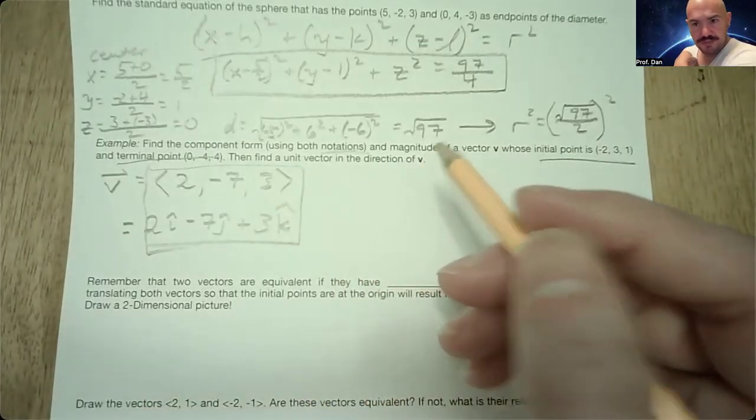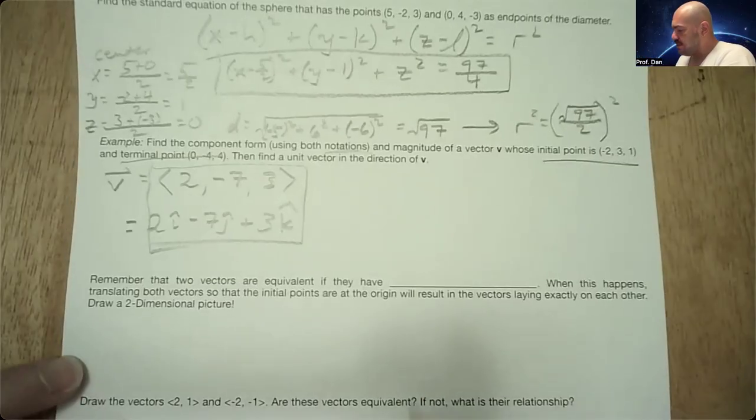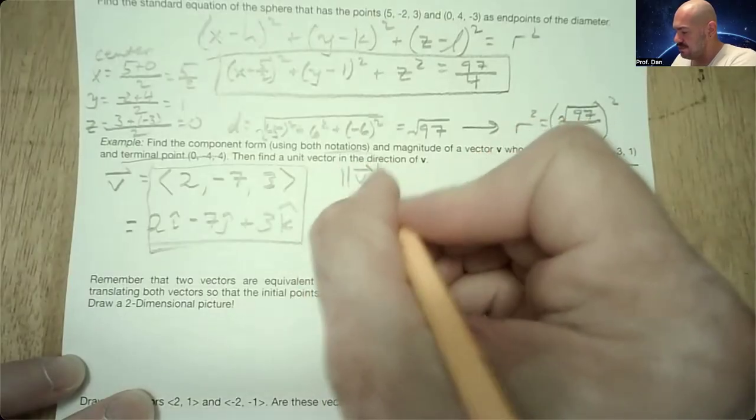So another reminder of 2-dimensional stuff. Remember, we can always make something into a unit vector if we multiply every component by 1 over the magnitude. In other words, divide every component by the magnitude. So I need to figure out what the magnitude of v is.